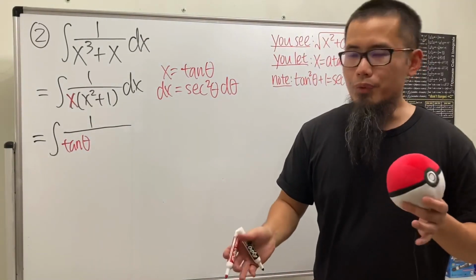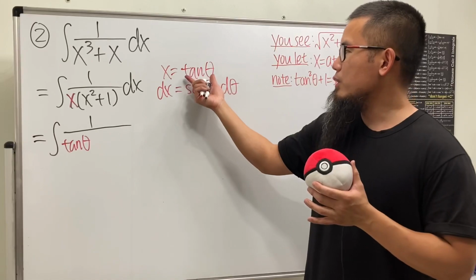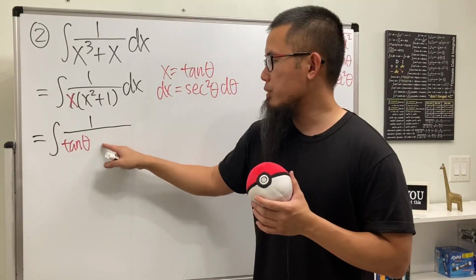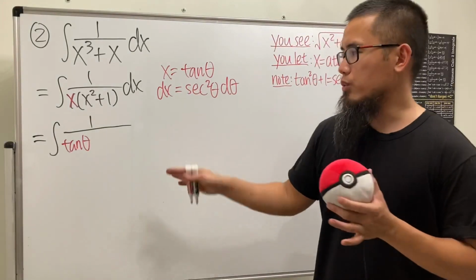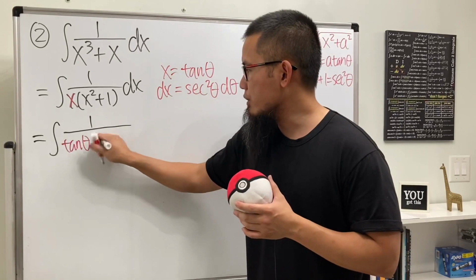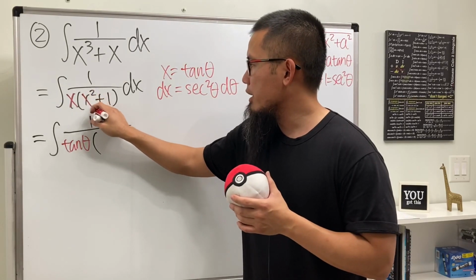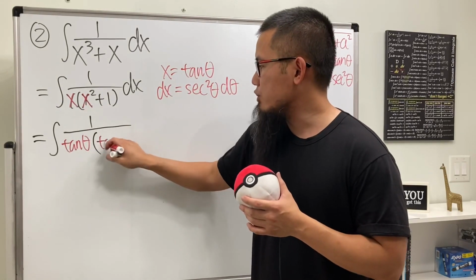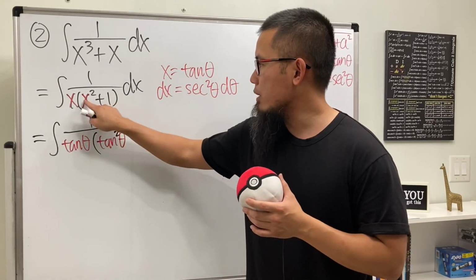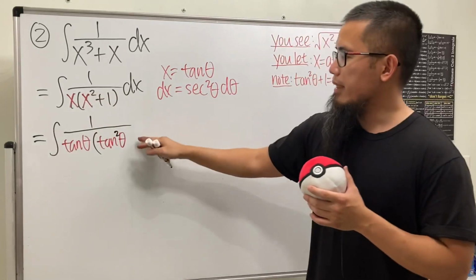And if you are comfortable enough, you see tangent squared theta plus 1, you know you can just put down secant squared. That's fine, but I want to do this work for you guys. So let me just rewrite it right here so you can see the substitution. Here we have x, and that's tangent theta, but we have to raise that to the second power, and then plus 1.